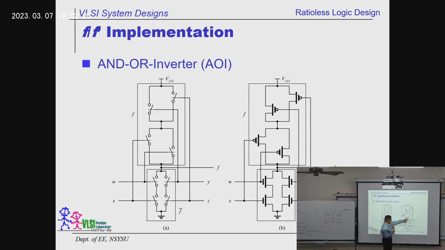On the top, those PMOS transistors they control are in parallel. So this is good, the duality of W and X stands. Then we check Y and Z. They control two transistors here that are in serial, so those two they control on the top are in parallel. So it is also good. The duality stands.